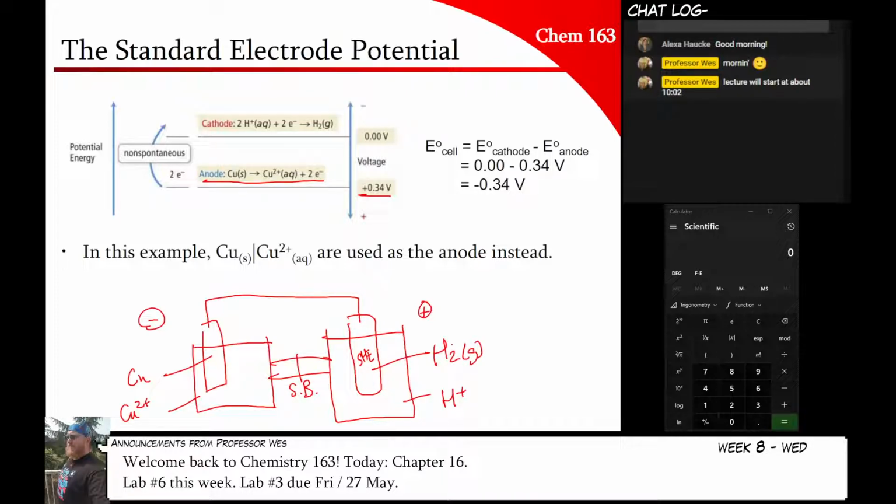If I do this, it turns out that the electrons actually go in this direction, which means that these are actually not what we would imagine them to be, right? The reason that it goes in reverse is because the potential of copper is lower than that of the SHE. So for this reaction that we've drawn on the screen here, the potential voltage would be cathode minus anode.